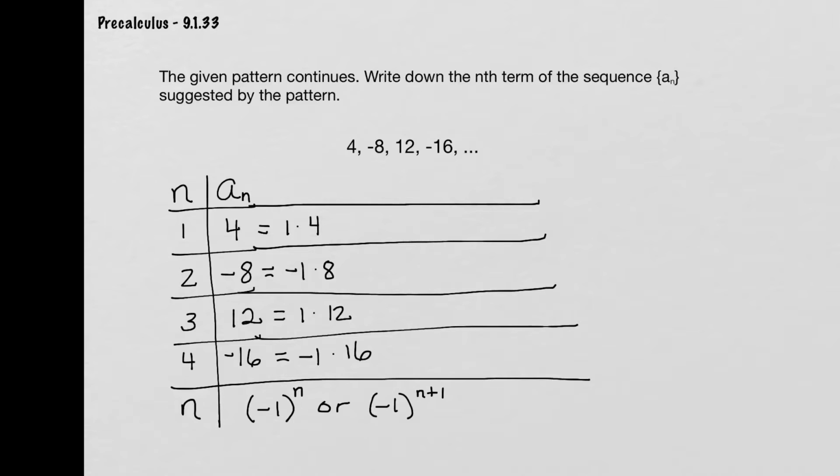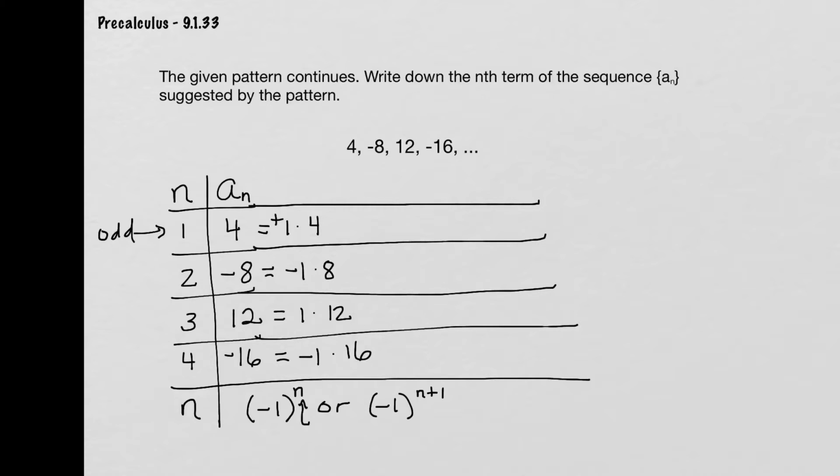So we look at when n is an odd number, our sign is positive. If I put an odd number in for n here, I would get a negative result.